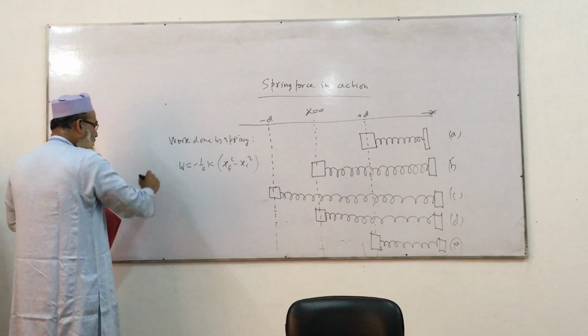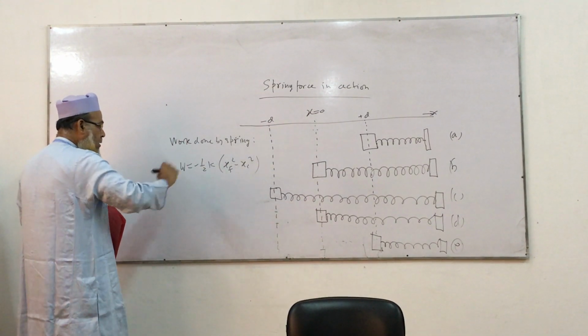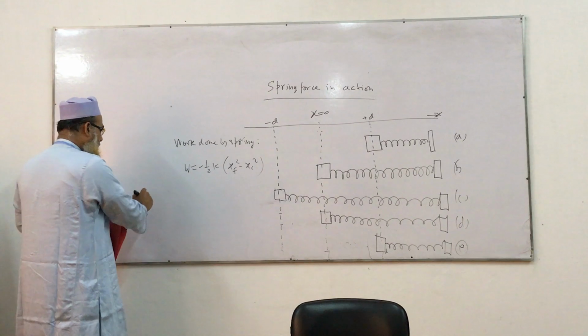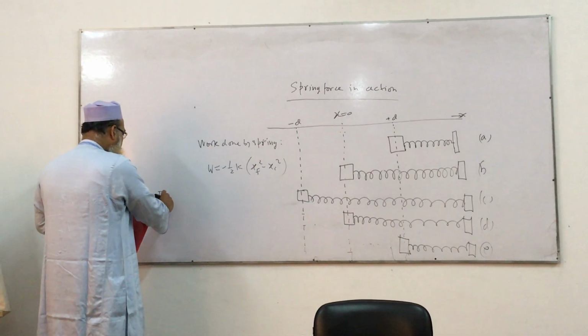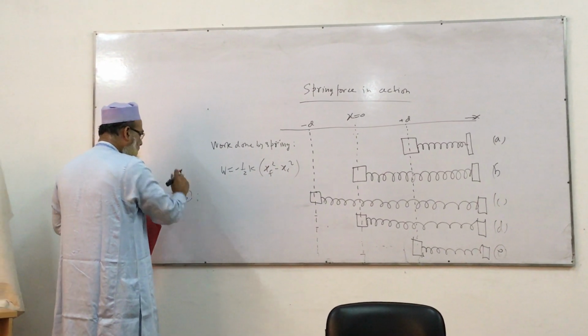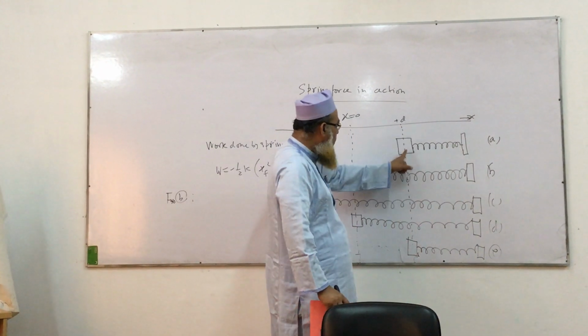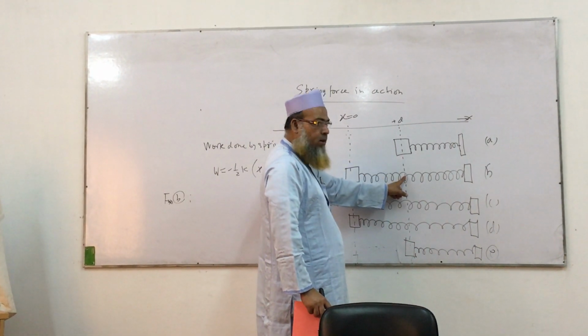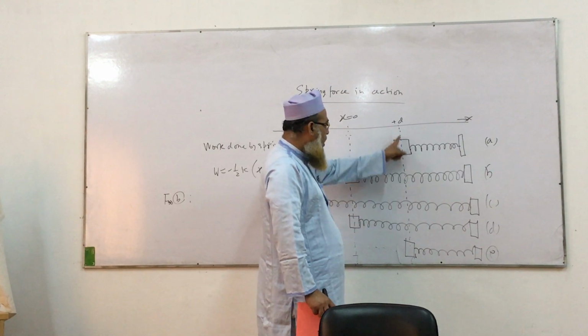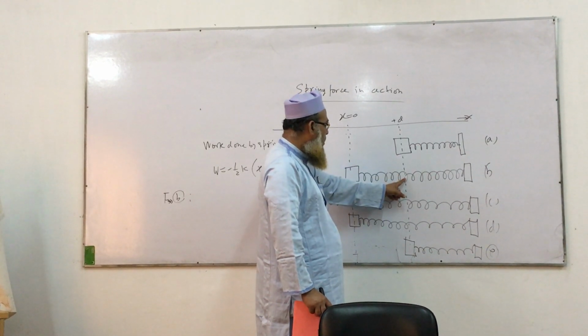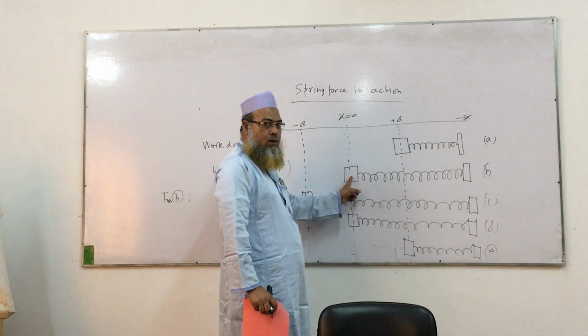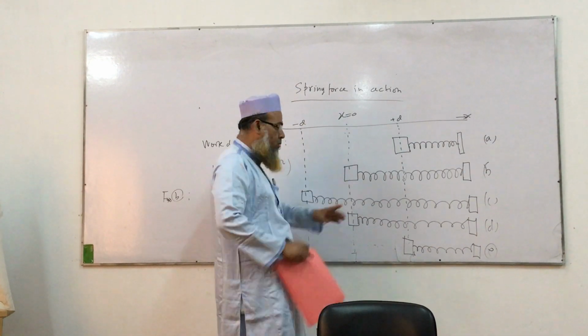Now I have the figures, and I calculate the works, starting with B. What is the initial position for B? Initial position is d. Final position is 0.